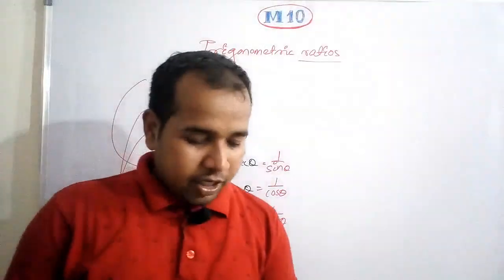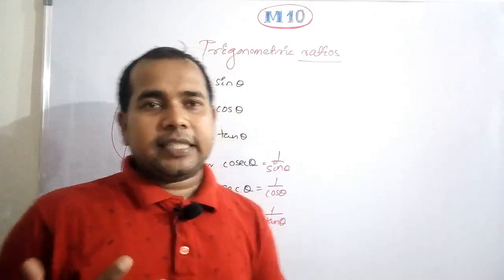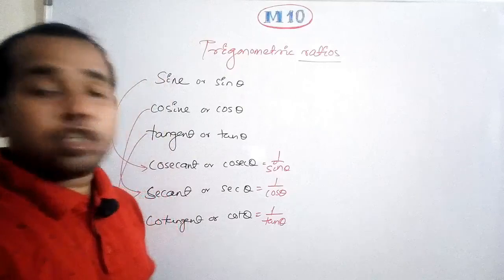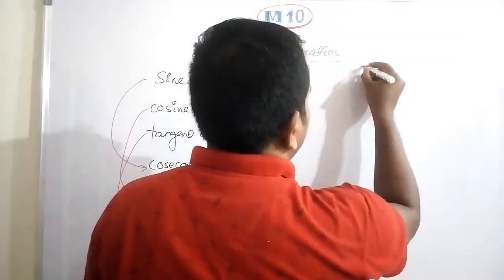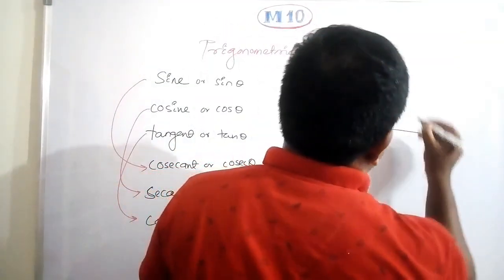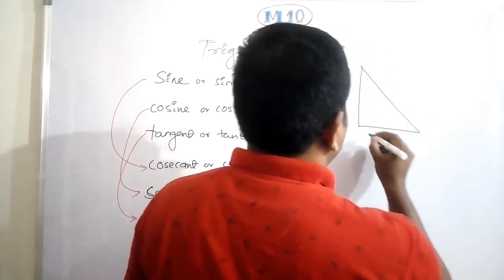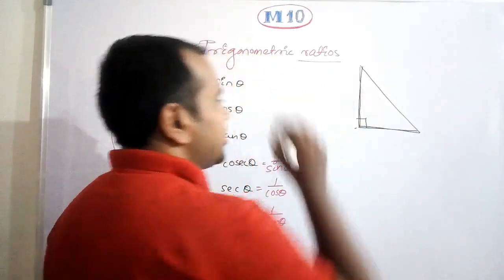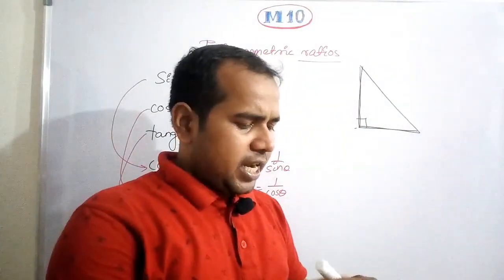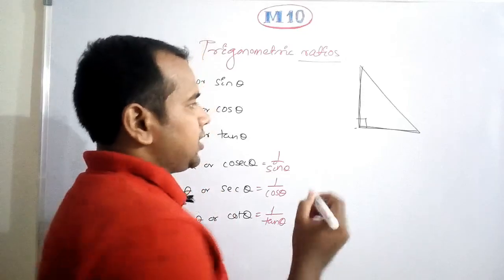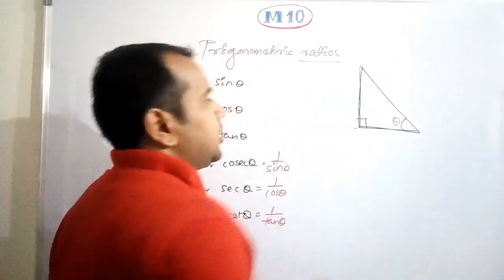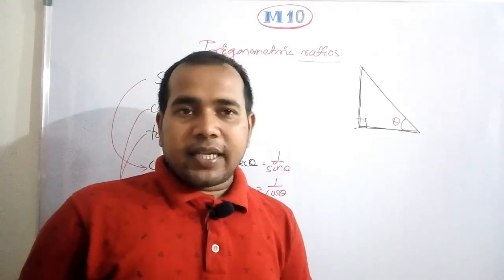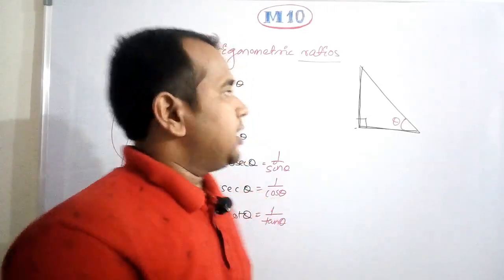Okay. Now let us find what these trigonometric ratios are corresponding to a right triangle. So let us draw a right triangle first. This is a right triangle and this is 90 degrees, and let's say we take an angle, this is theta. In the right triangle, as you know, the longest side is the hypotenuse.